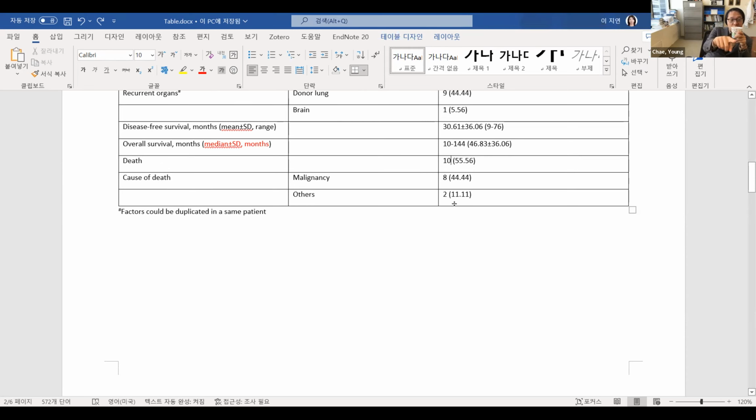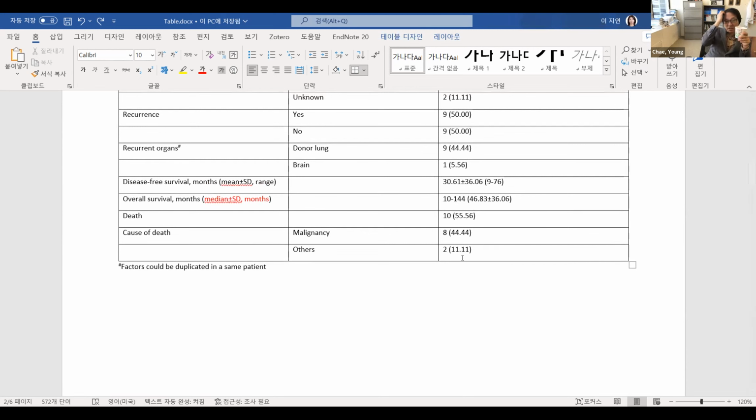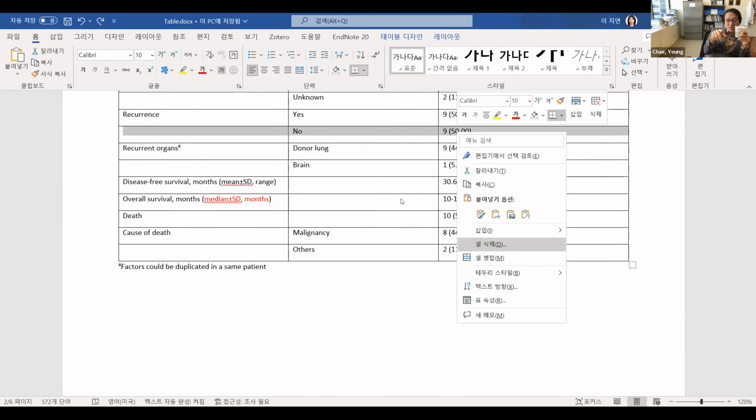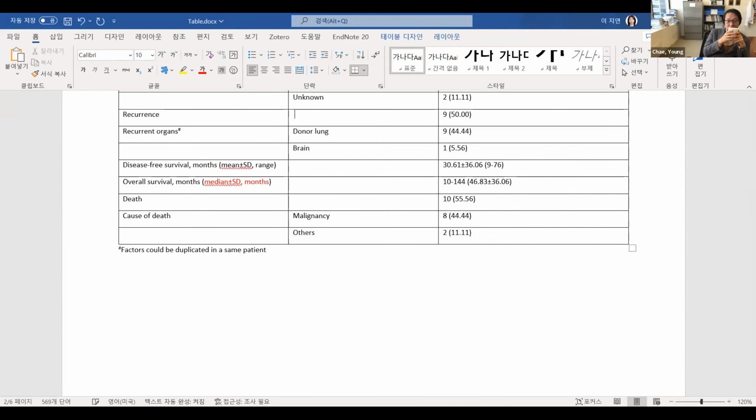So go back to the recurrence. I think you don't need yes, no. So obvious, 9 is 50%. You take out yes, no, and just put the number. Yeah, I think recurrence 9 is fine. It's a recurrence, yeah, it is recurrence 9.